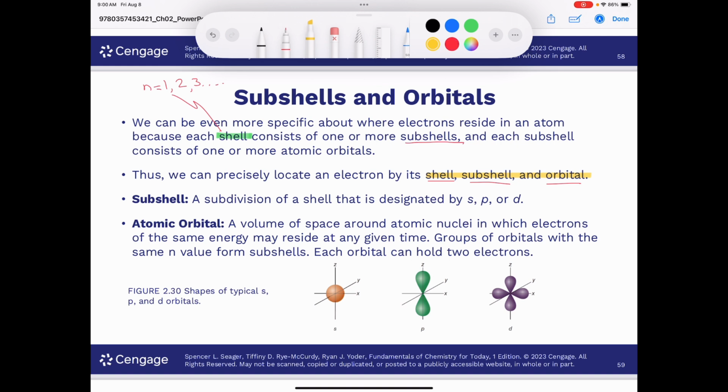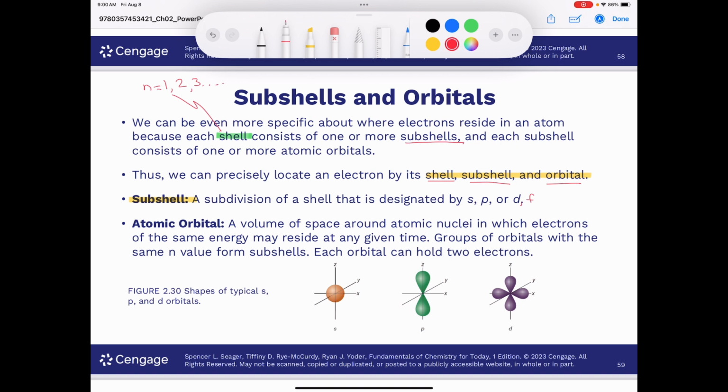Now the subshell, which is the subdivision of a shell, is designated by a letter, which is s, p, or d. And there's actually a fourth letter, which we don't get into in this class. But in case you're the kind of person who likes to research everything that we cover in this class, and you're wondering, what about f? Isn't there an f orbital? There is an f orbital, but we're not going to get into f in detail.